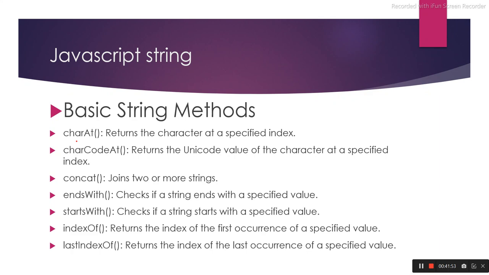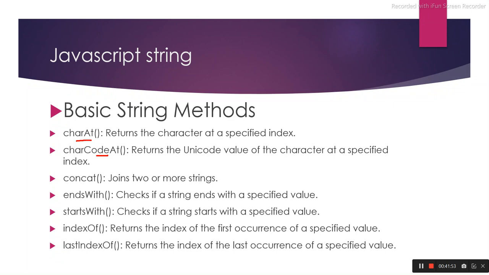So charAt returns the character at the specified index. For example, if I give charAt 5, it will return the character available at index 5. The next function is charCodeAt. This will return the Unicode value, or you can call it the ASCII value, of the character at the specified location. Then concat will join two strings.